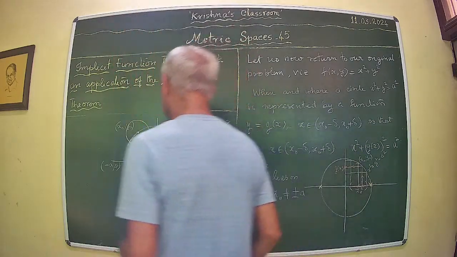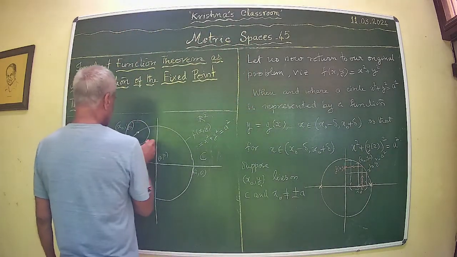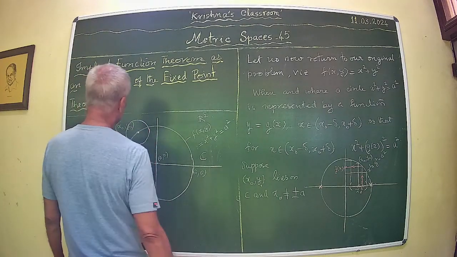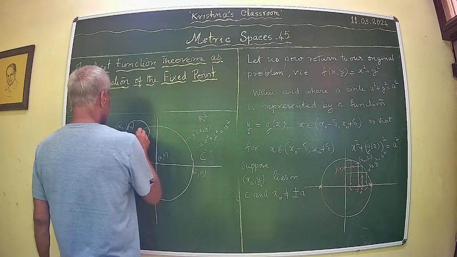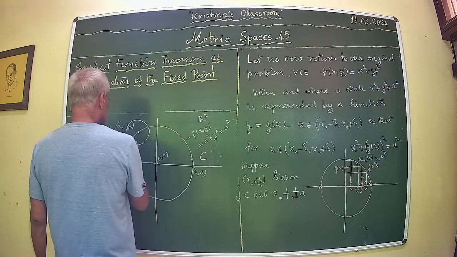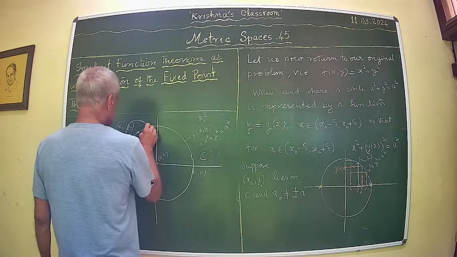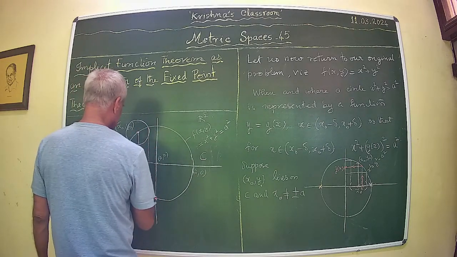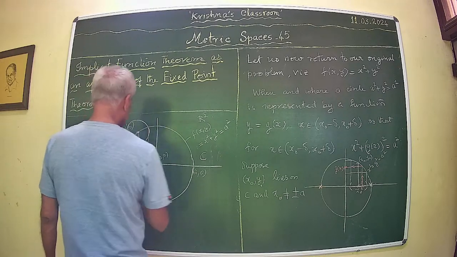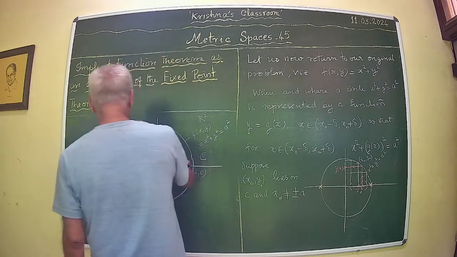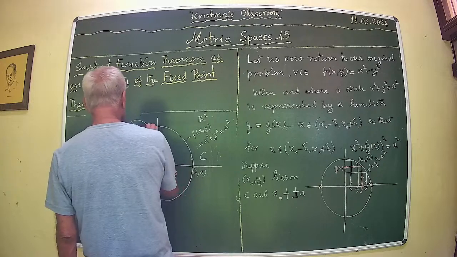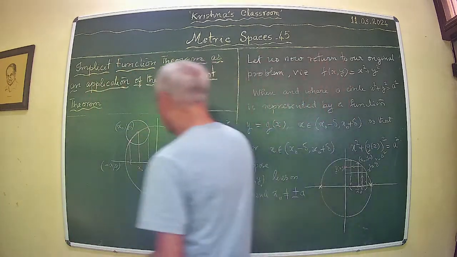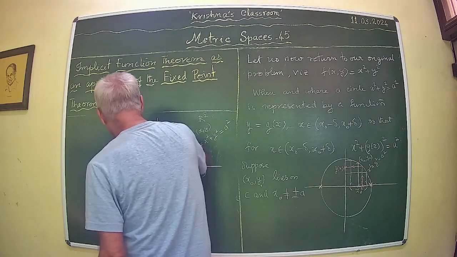Now you see that once you fix this neighborhood of x naught, y naught, then there is some interval surrounding the point x naught, say this interval, where gx is given by this arc of the circle. It means you take an x here, it gets mapped uniquely.